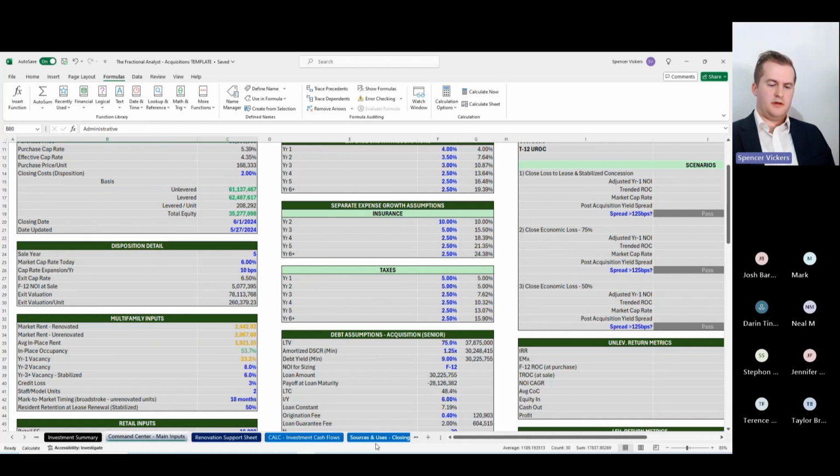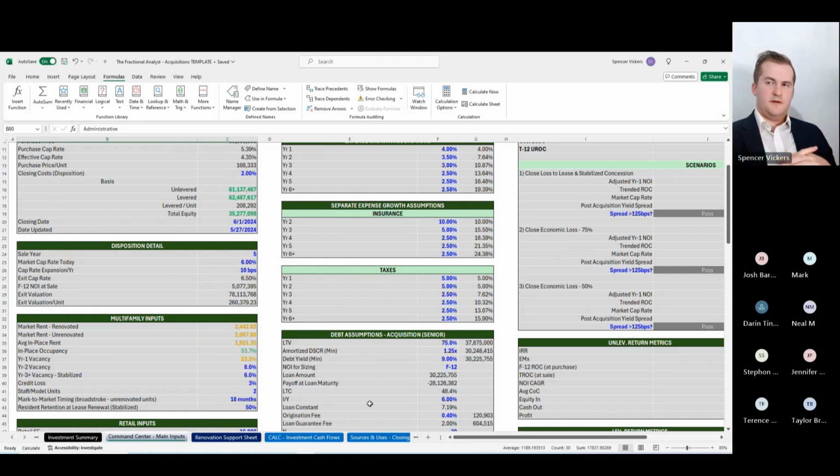You've got your closing budget on your sources and uses, which I can go over in a second. But even that gets standardized across a bunch of properties as you're set up in a market. So all these little things do take a little bit to set up if it's a new market for you, but if you're set up in a market, then all of those little things are usually pretty standardized.